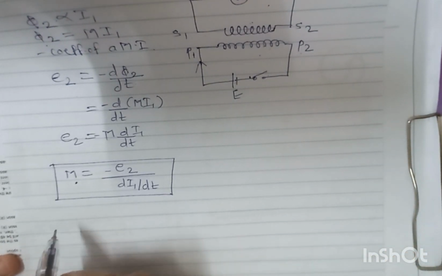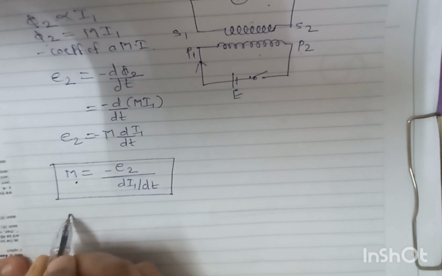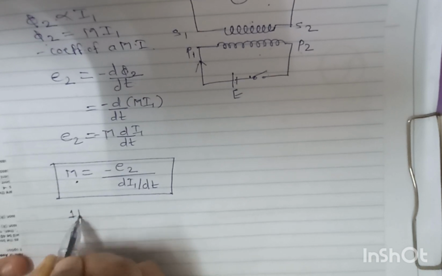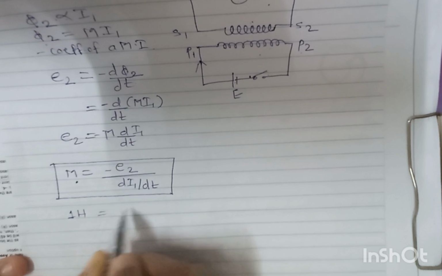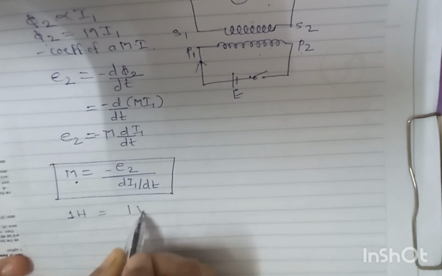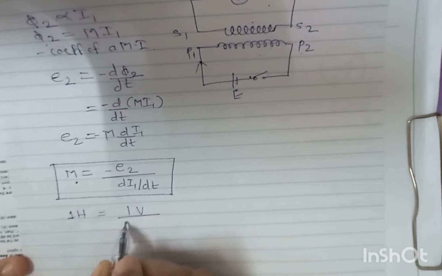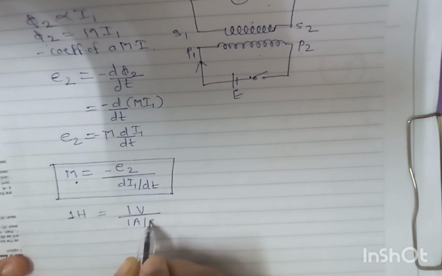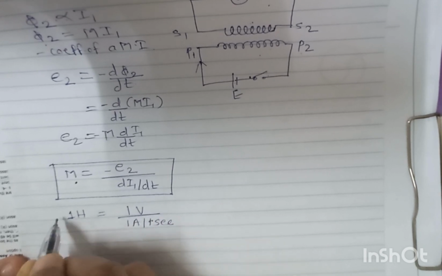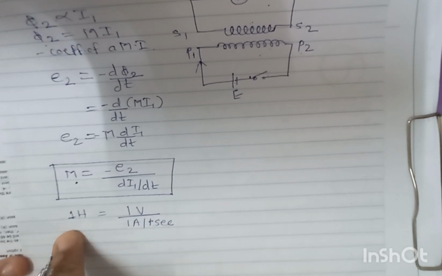Suppose we want a mutual inductance of 1 Henry, then the EMF should be 1 volt and the rate of change of current flowing through the primary is 1 ampere per second. In this case only, we will get the coefficient of mutual induction as 1 Henry.